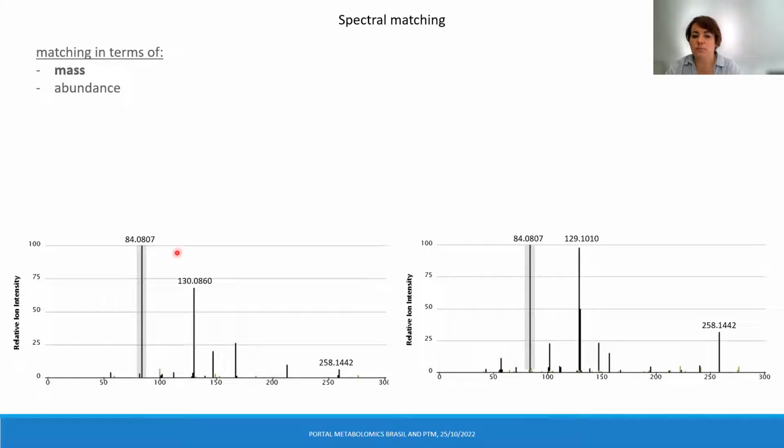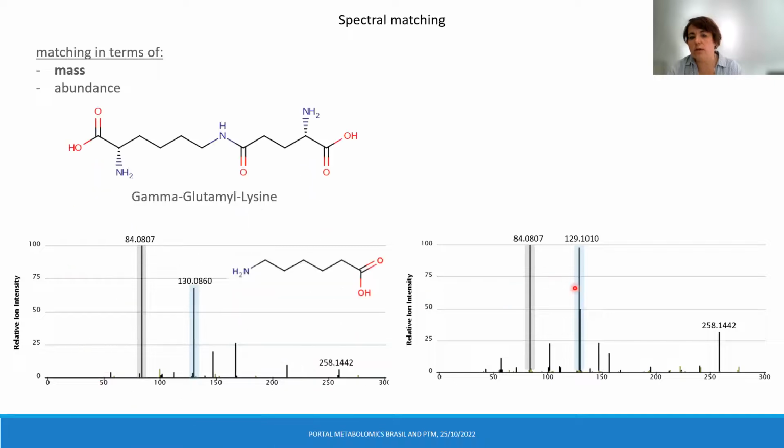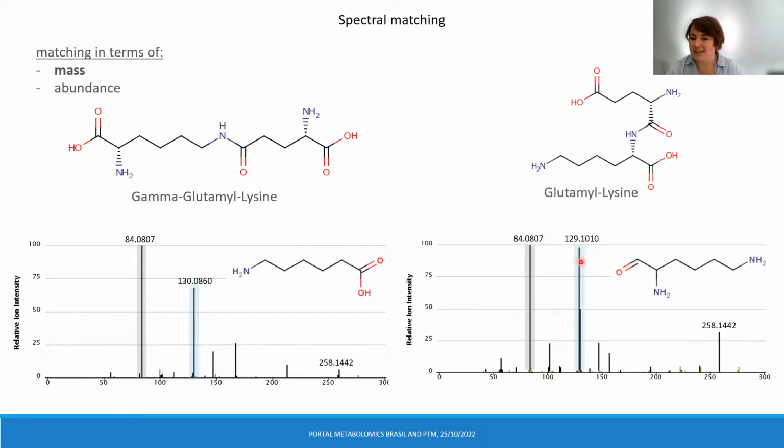Here we have spectra for the same precursors, where both of them are dominated by the fragment 84, but in one spectrum we have fragment 130, and in the other one we have 129.